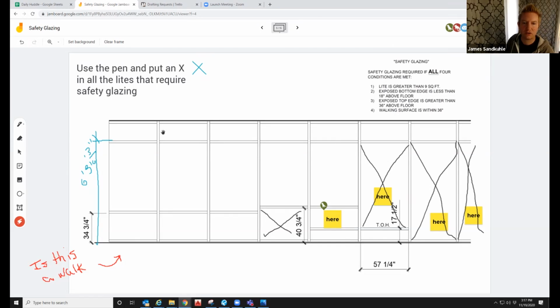Exposed top edge is greater than 36 inches above floor. So I believe if you're walking and you just happen to run into the glass, you have this horizontal here to somewhat protect you, taking the majority of your force from crashing into that.